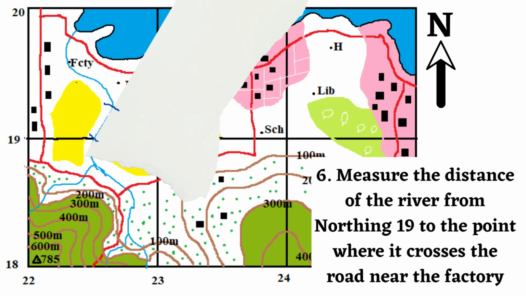All right, so for this question, we will need to use a straight-edged paper. We will place this paper at the starting point, which is where the river crosses the northing line, 19.